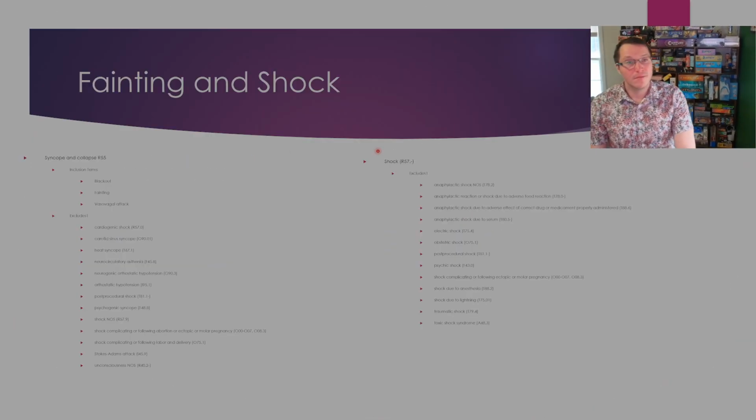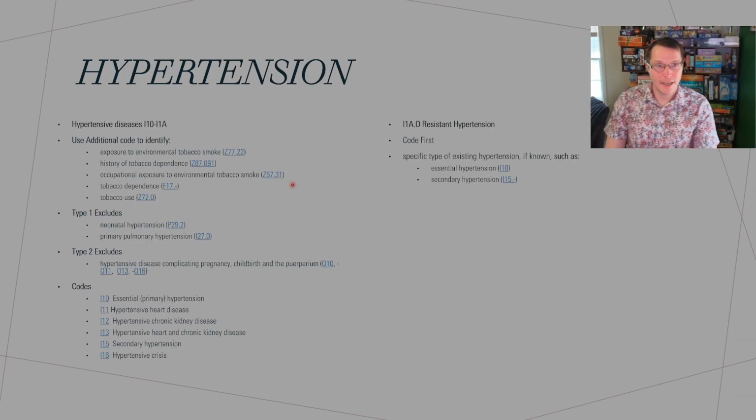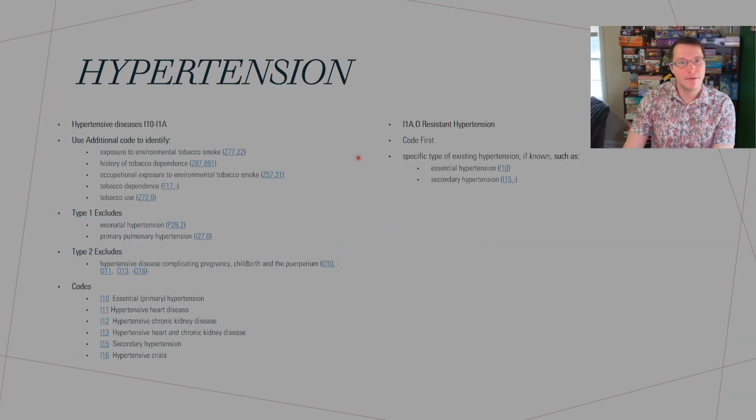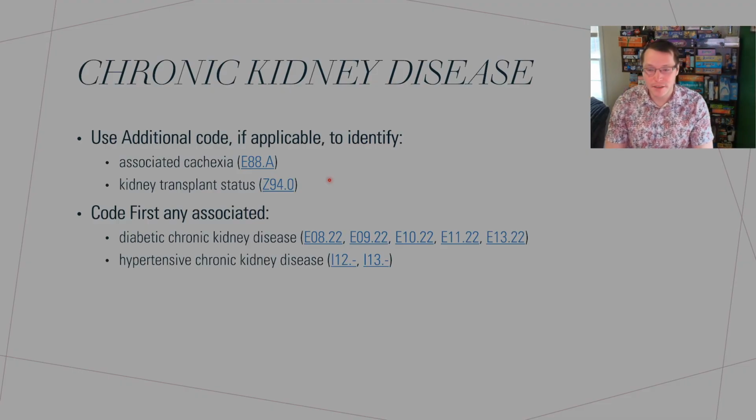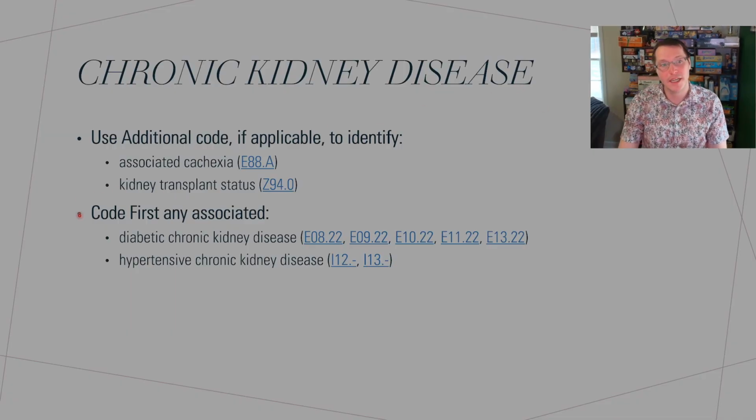And finally, we're going to move on to CKD and hypertension here just to wrap it up on the medical side of things. Yep, looks like that's it. And these ones are not as much exclusions, but just a quick code also and code first note since I got you here and we're talking about it. CKD, how this one works, it has its own code first association, where how coding guidelines work is CKD will always have an assumed nature with hypertension and diabetes.